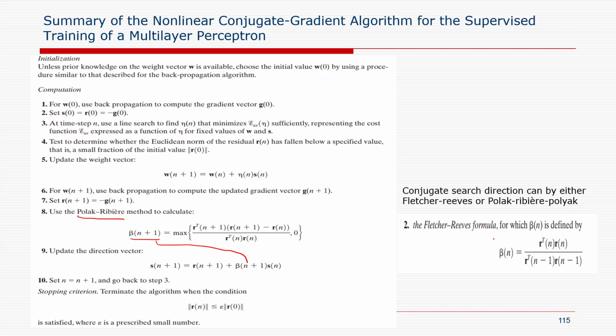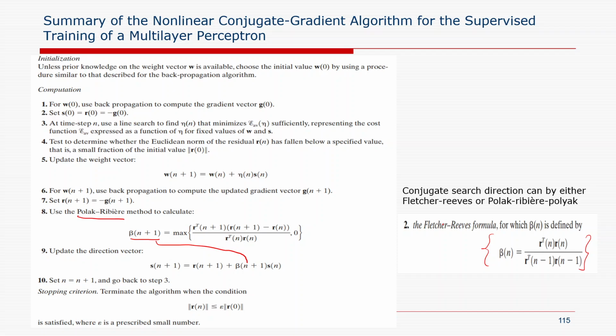We can use this formula or that formula to calculate the beta of n. What I'm trying to mention in this slide is that for the beta calculation, we can use the Polak-Ribiere method or the Fletcher-Reeves method.